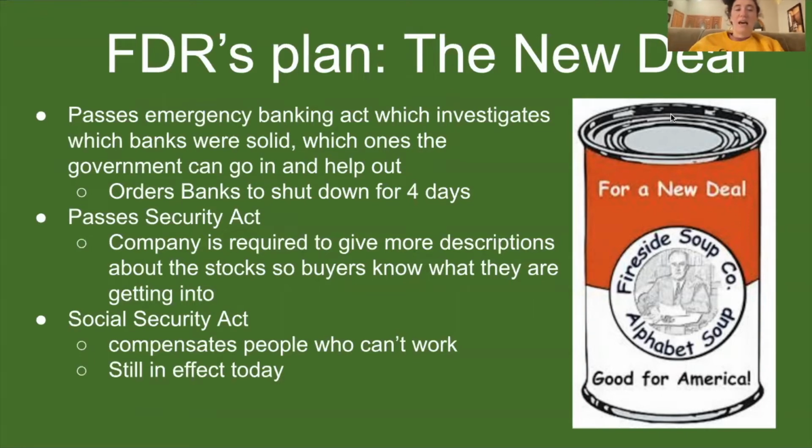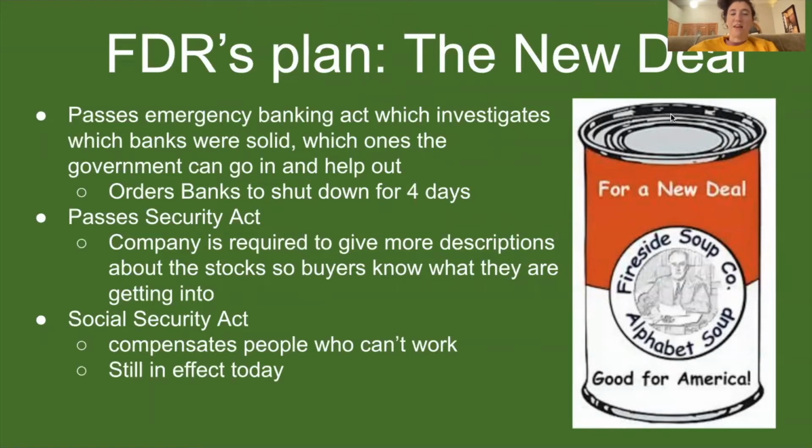Before this Security Act was passed, people were mainly buying stocks based on the name of the company, not really based on what the company was about. They didn't really have that information. So what the Security Act does is it requires companies to give more detailed descriptions about the stocks so that people buying stocks know what they're getting into.